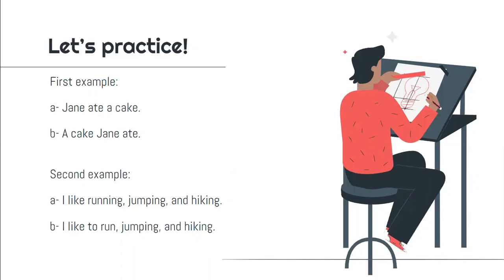Yep. Okay, we're going to see. In the first example, the correct sentence is A. Yeah, that's right. And in the second example, what is the correct sentence? Again, it is A.